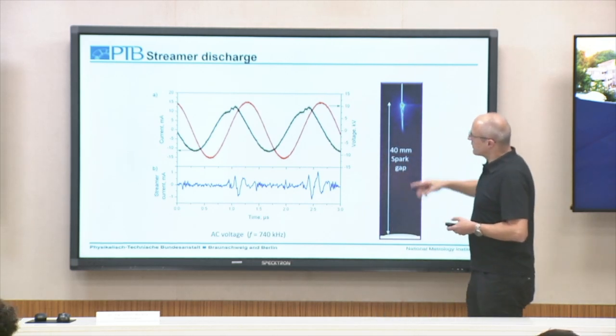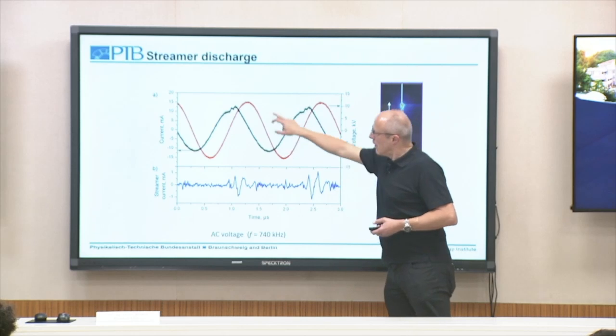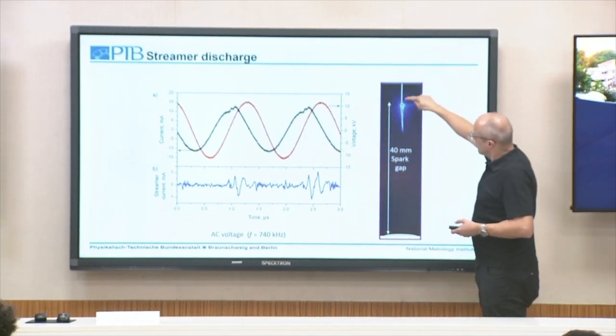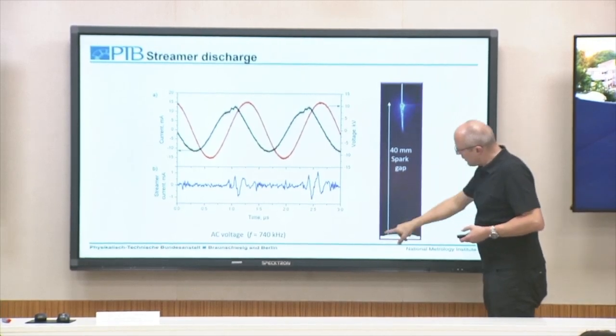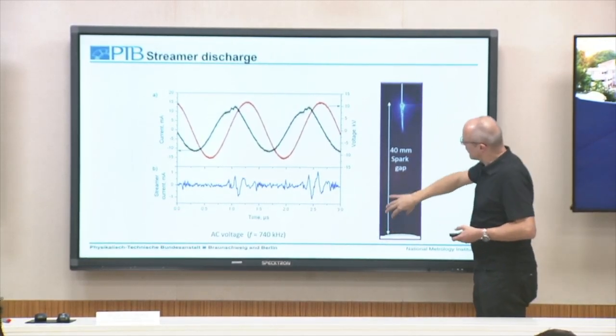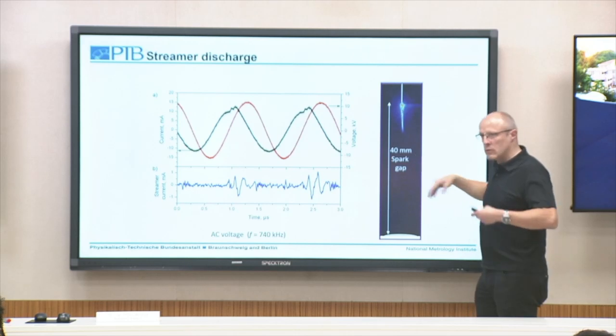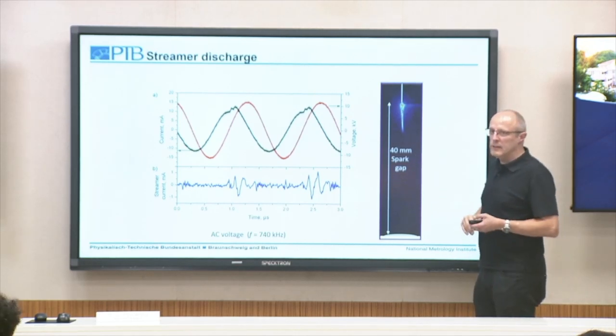So what is happening? We have this strong electrical field. Here we have a pin electrode. Here we have a plate electrode. So we have an electrical field here. We have a very long distance, just to emphasize the effect here.